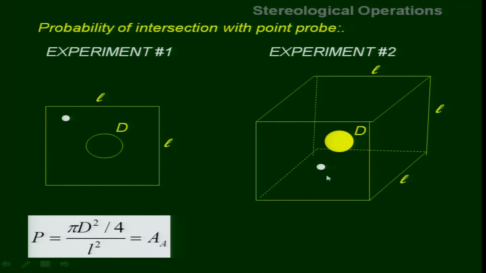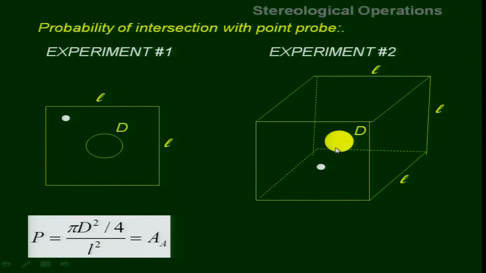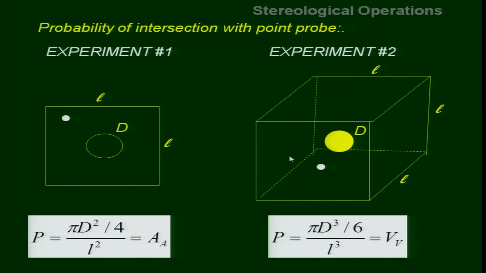This is an analogous problem to the 2-dimensional problem on the left. Instead of areas, now we are talking about volumes. So the probability of a point falling inside the spherical shape is the ratio of the volume of the sphere to the volume of the cubic box, which is pi d cube upon 6 divided by L cube.